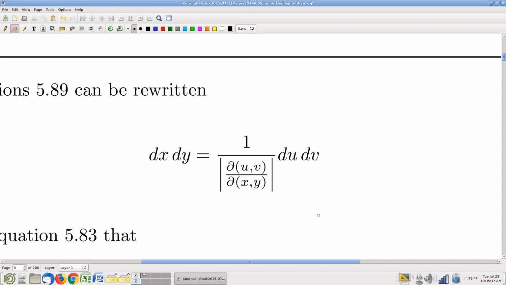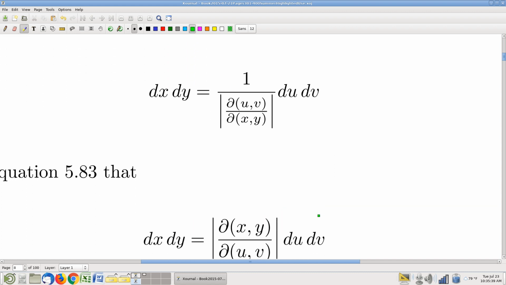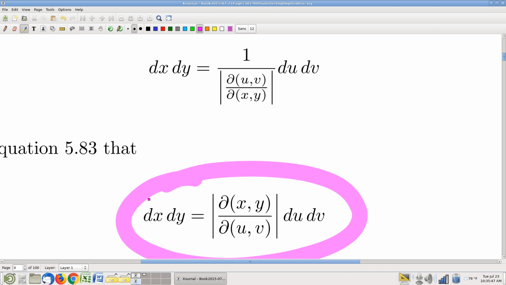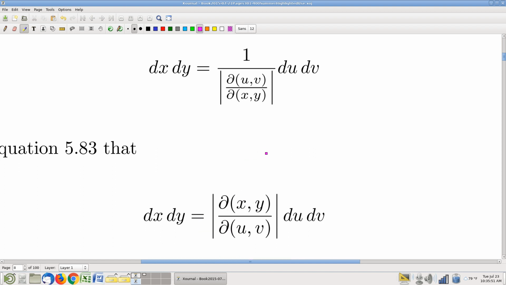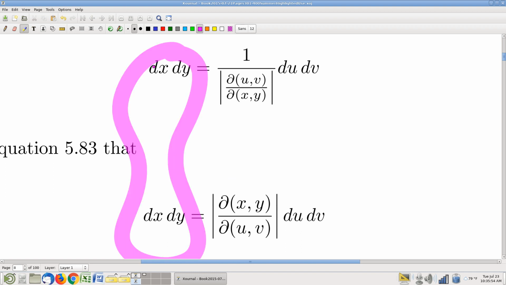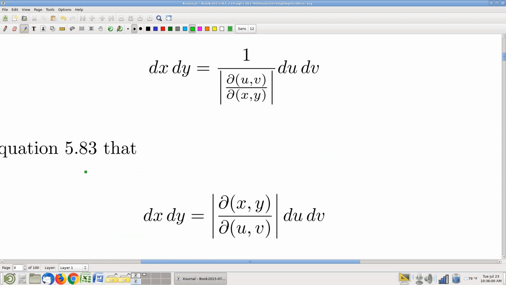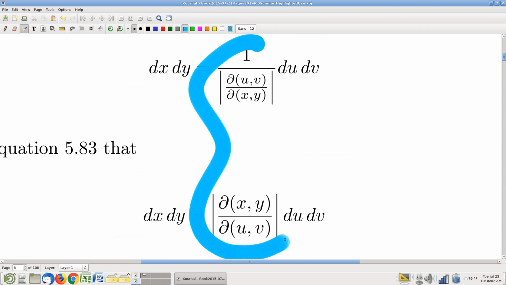But then let me observe that had we simply done it the right way, if we had simply solved for x and y as functions of u and v and written down the stretching factor, we would have gotten this. So here's the thing. I have now two formulas for getting dx dy in terms of du dv. And therefore, these two factors here are the same.